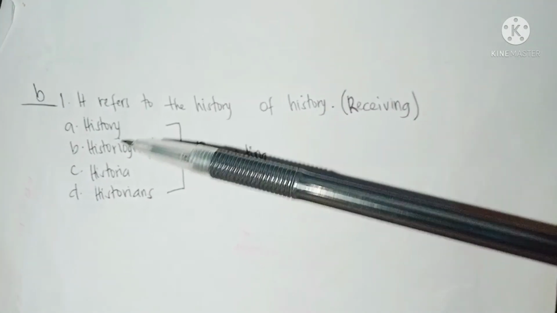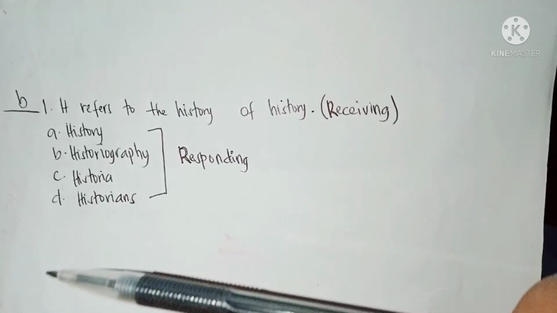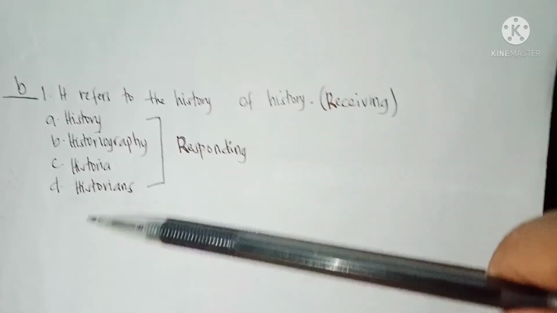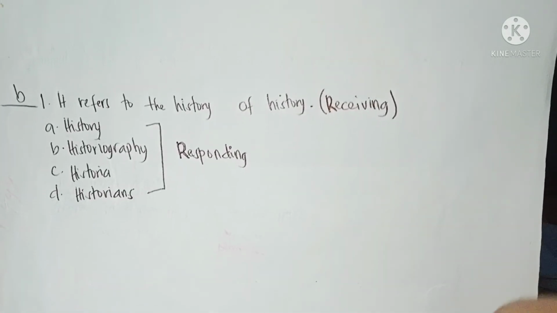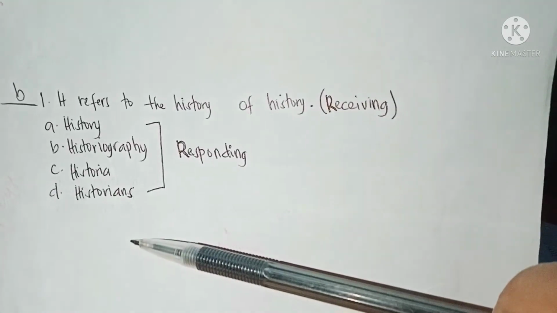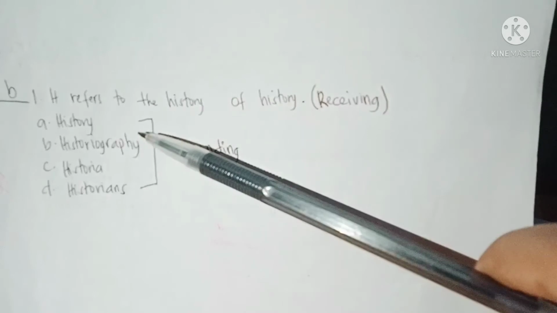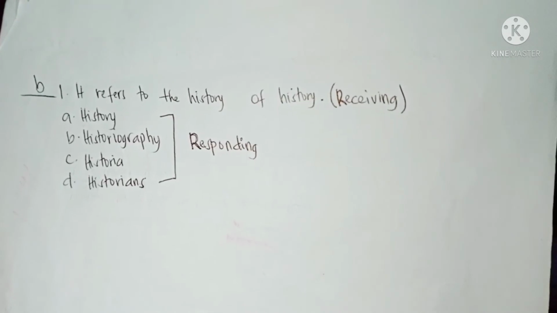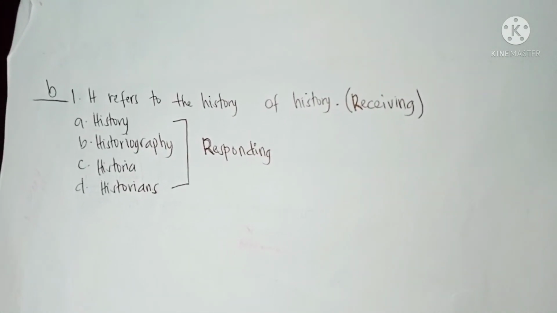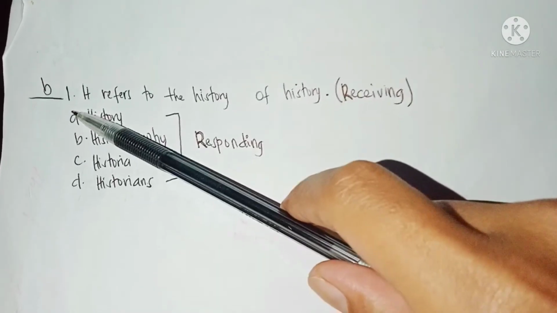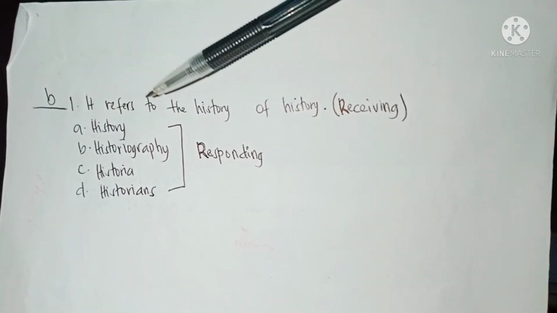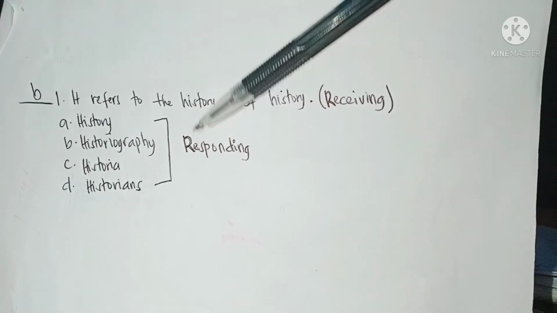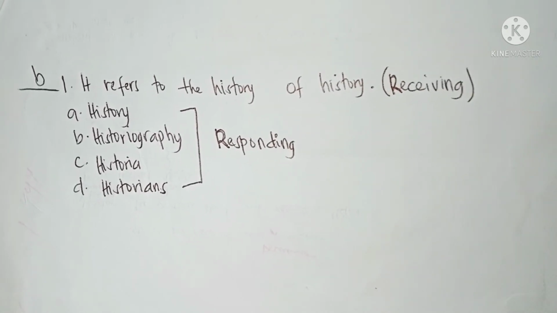After giving the value or meaning, we should organize what the correct answer of this multiple choice is. After organizing, we should select one. What is the right answer to this question? And the correct answer is letter B. That is why the 5 subdomains of the affective domain are very important in constructing the affective domain.